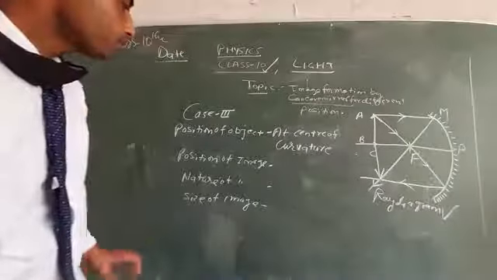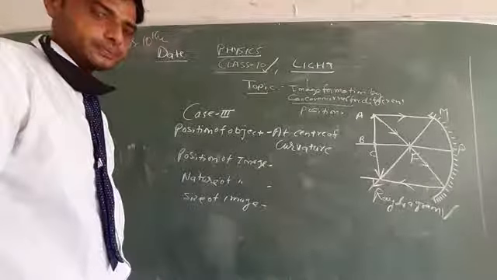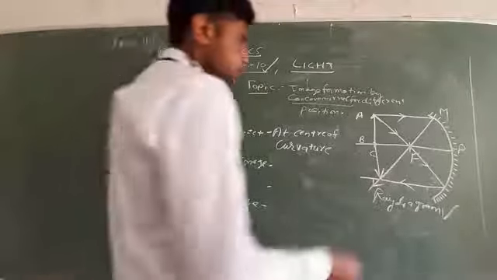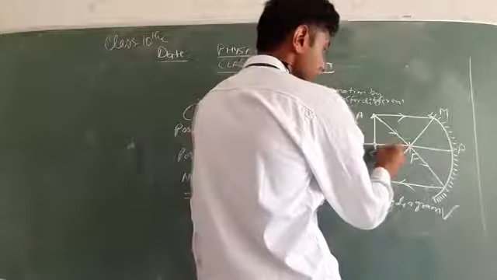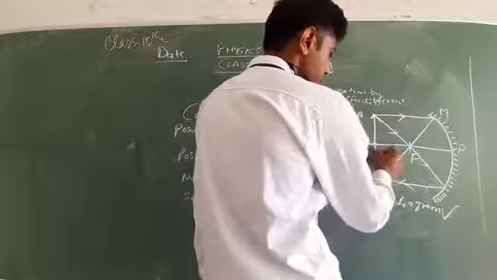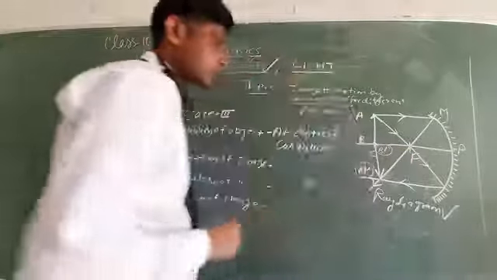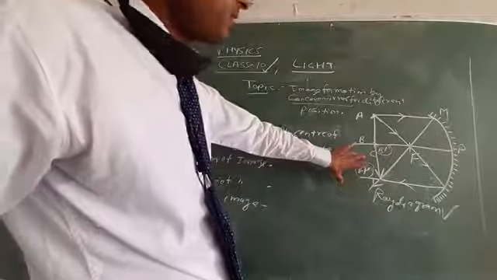So you can see this is the ray diagram when the object is placed at the center of curvature. This is object AB and this is A dash B dash. This is the image.